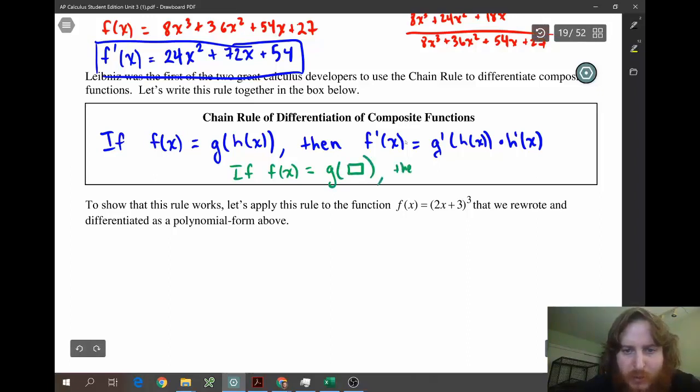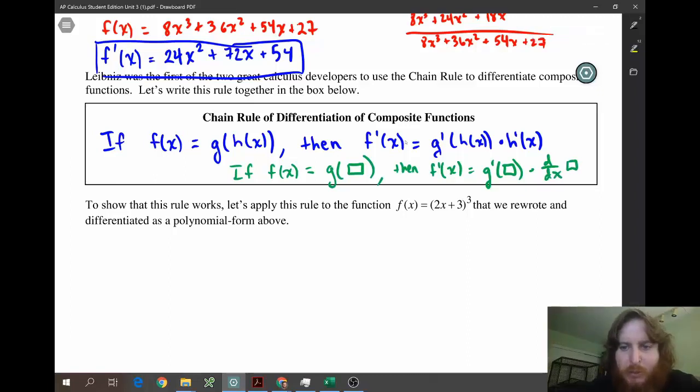Then f prime of x is going to equal g prime of my box times the derivative of my box. I write it this way instead of box prime, but you could write it box prime.